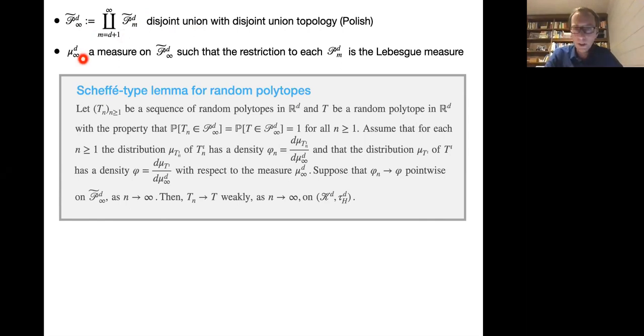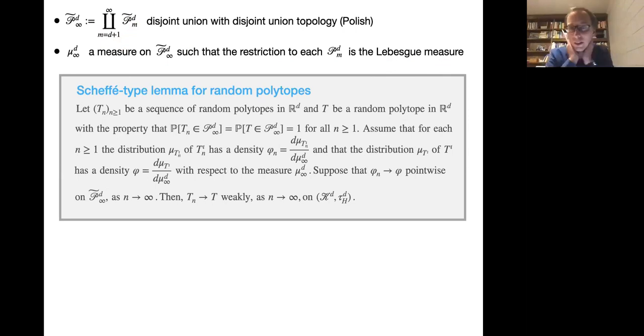And this is what we do: we denote by mu infinity a measure on this disjoint union such that the restriction to each of the components is just the Lebesgue measure. So you don't have only a very natural topology on that space, you also have a very natural measure on that space.